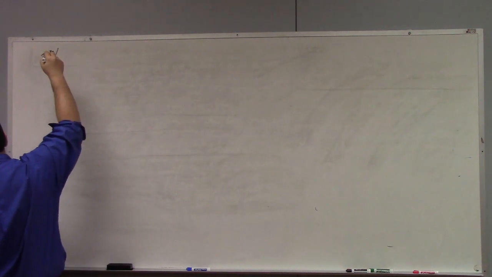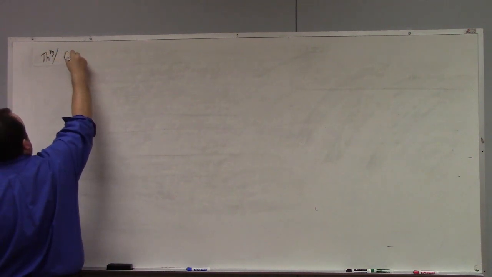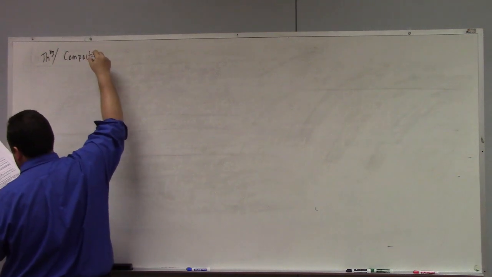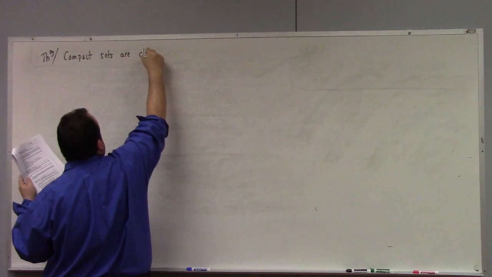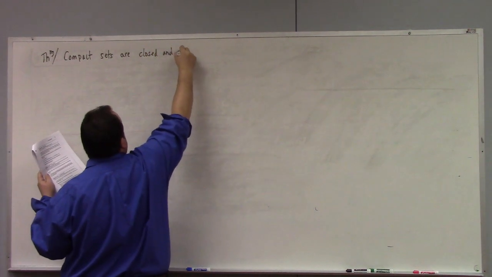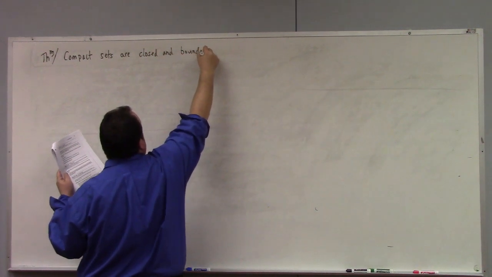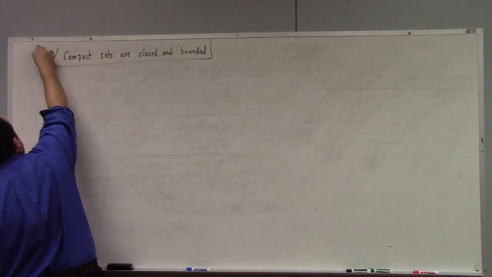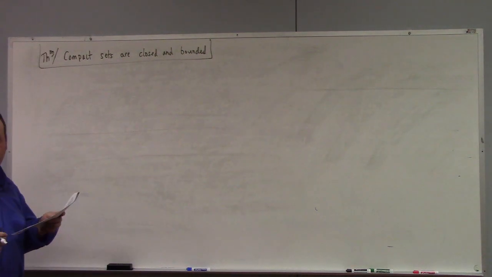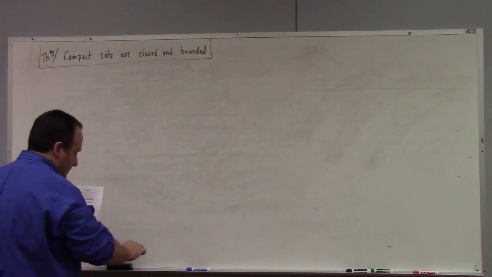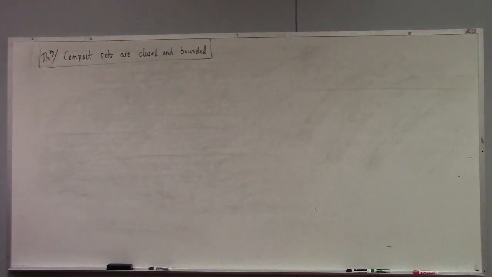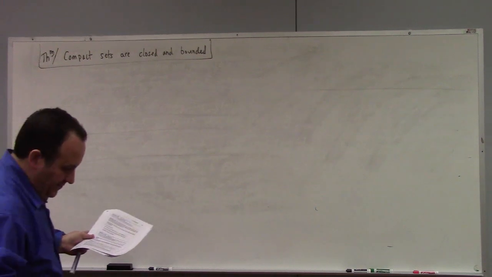Compact sets are closed and bounded. Now that does not presuppose finite dimensions. So let's look at the proof of this, assuming I have time. I think I have time.